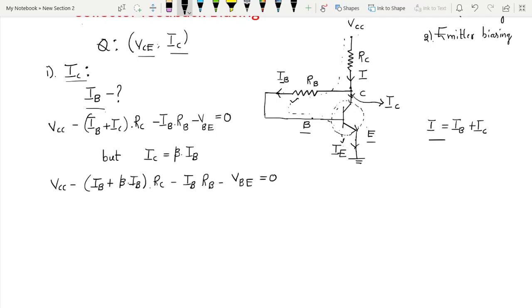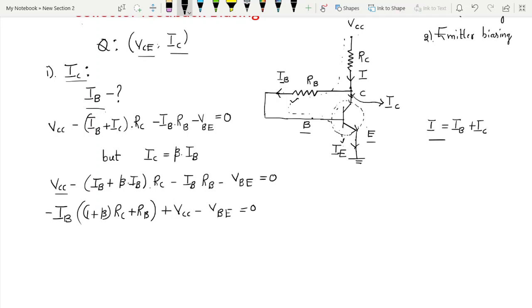From this we can take the base current common. The base current multiplies (1 plus beta) RC, and the remaining term is RB. Taking the minus across, the remaining part is VCC minus VBE.